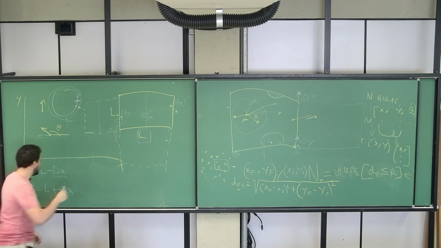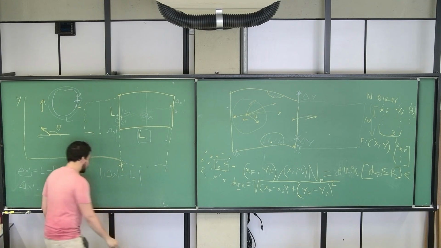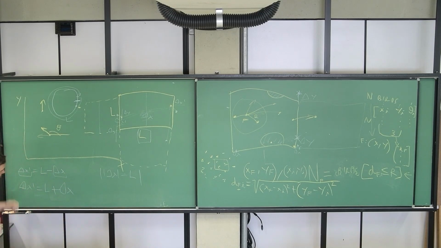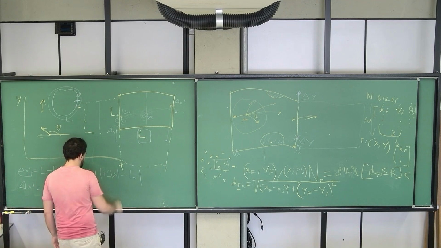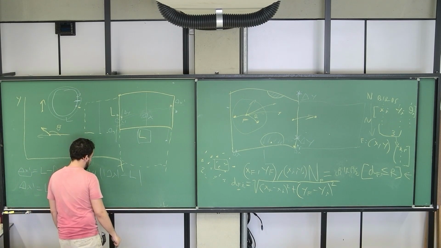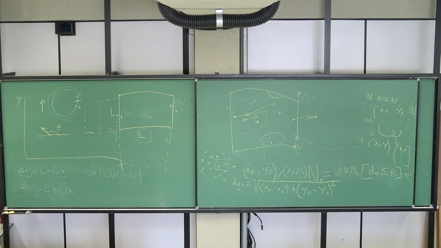So you want to do delta x minus L modulo. Is that what you want to take? Yes, and then take the minimum of this with just the absolute value of delta x.